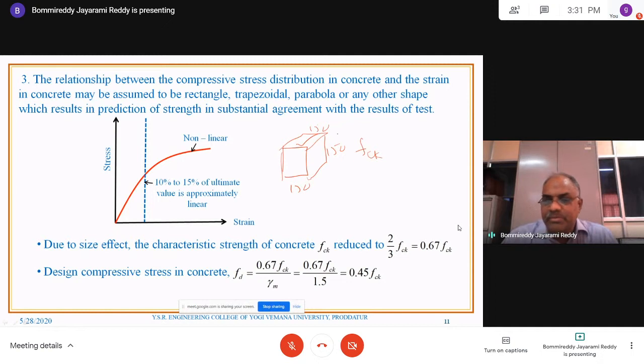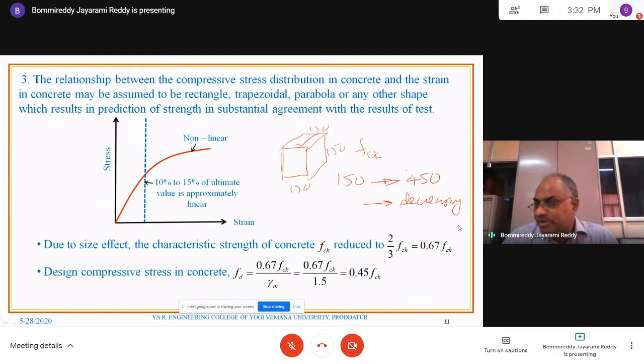If the size of the member is more, the compressive stress is decreasing. As the size of the member increases from 150 to 450, the value is continuously decreasing up to 450, and thereafter the decrease is very small and hence neglected.